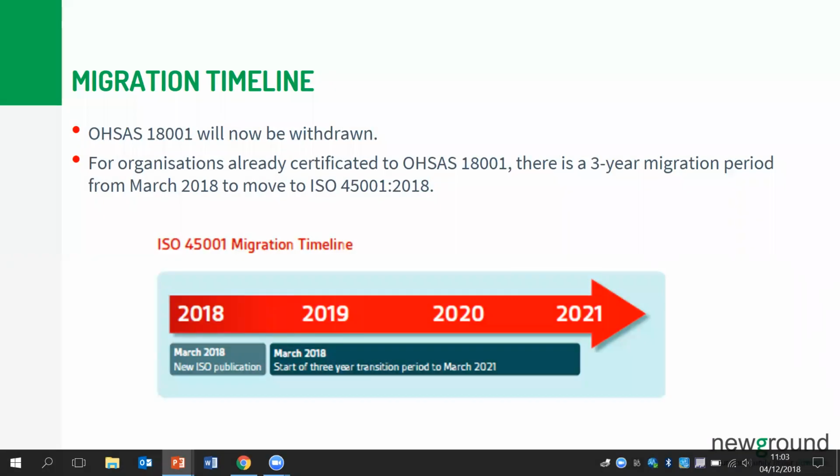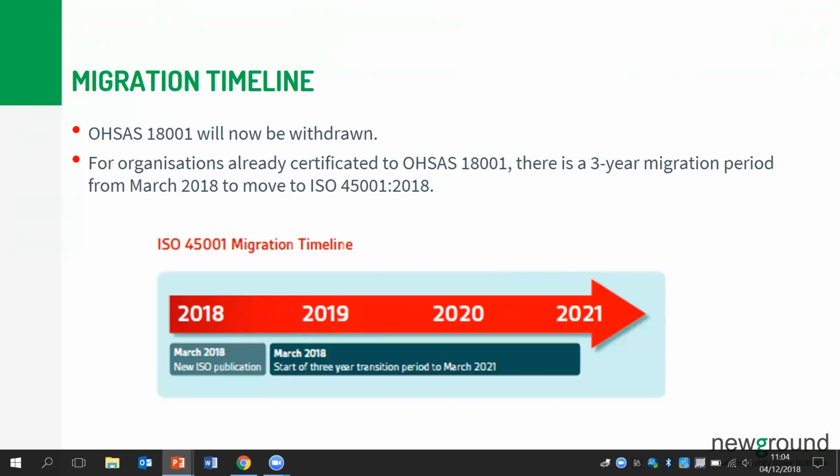In terms of your timeline for migration to ISO 45001, you do have a 3-year migration period from March 2018. And this migration period will work in exactly the same way as the transition arrangements for the 2015 quality and environment standards that you might have been familiar with or you might have already gone through in your business.